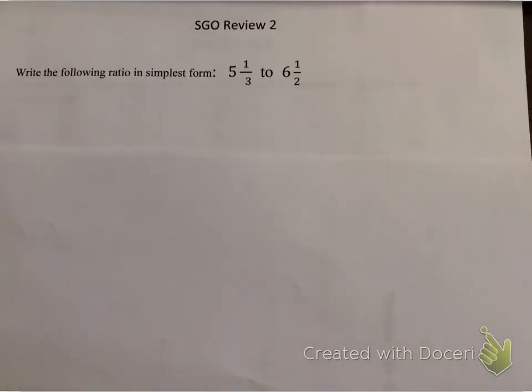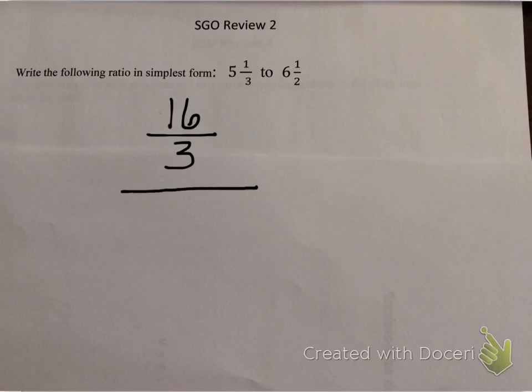Number 3, we're writing the following ratio in simplest form. My first step would be to write my mixed numbers as improper fractions. So 3 times 5 is 15, plus 1 is 16 over 3. And I'm going to write that as a fraction right now. 6 times 2 is 12, plus 1 is 13 over 2.